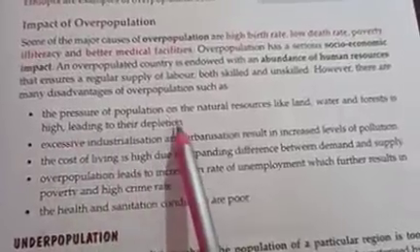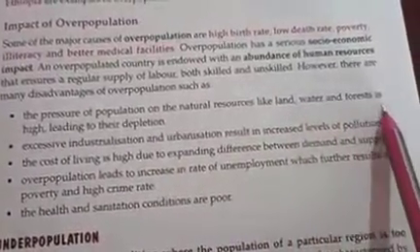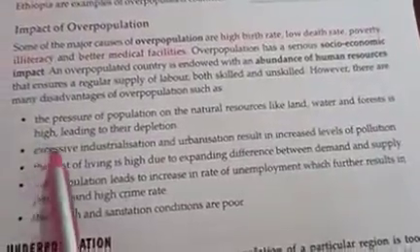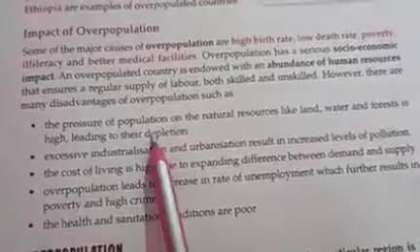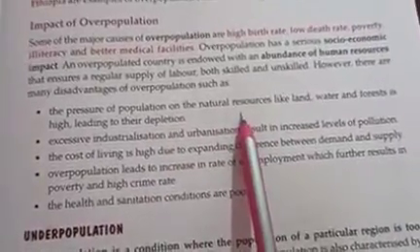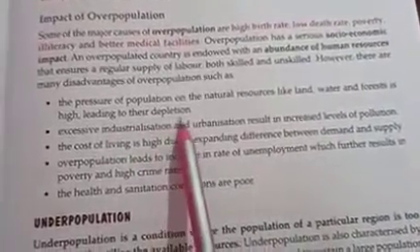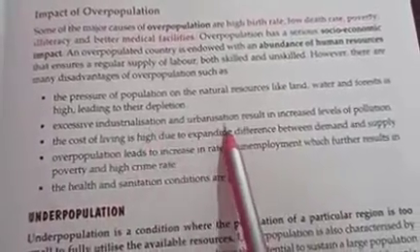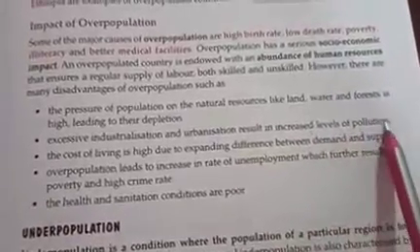The pressure of population on natural resources like land, water and forest is high, leading to their depletion, as the ratio of population is more than the natural resources. So the pressure on these resources is more, which leads to depletion of natural resources. Excessive industrialization and urbanization result in increased levels of pollution.